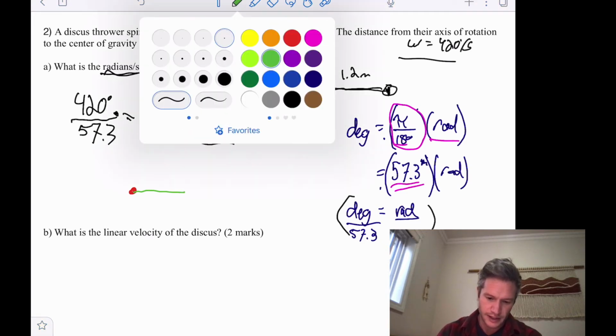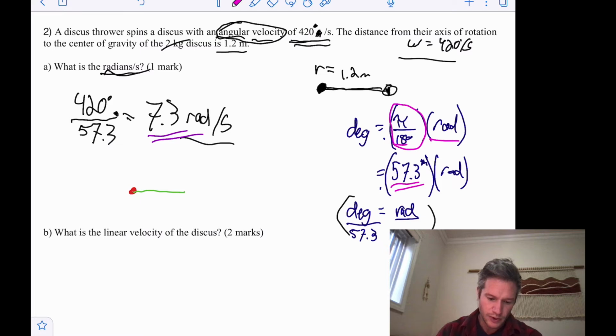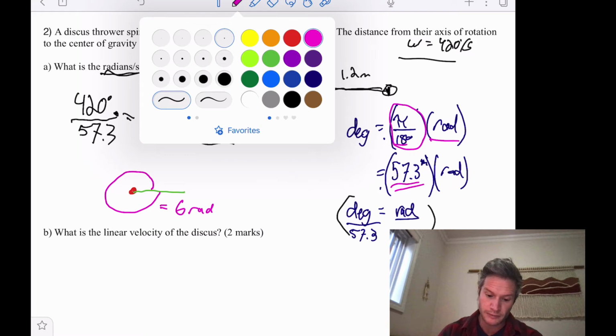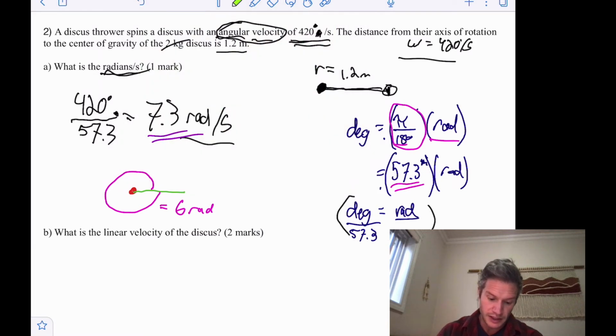So if you recall, one full circle as we're traveling around is equal to roughly, again, it's not exact, it's a little bit more, but 6 rads. Okay, because again, if you remember, 1 radian is your radius, but it's laid out along the circle.